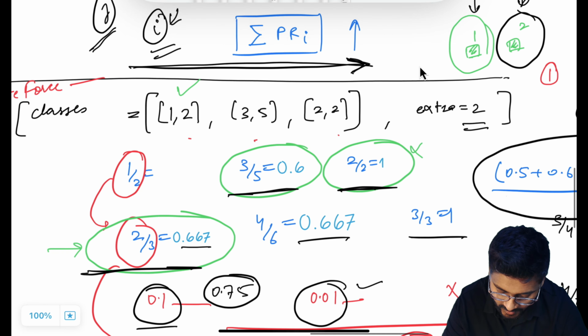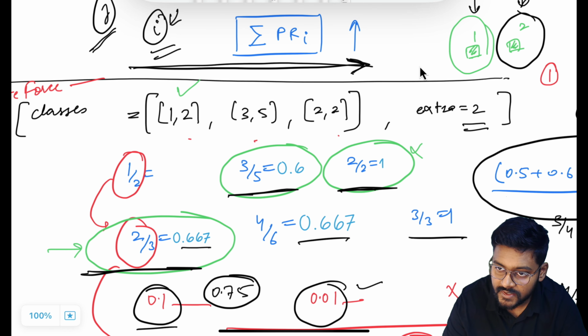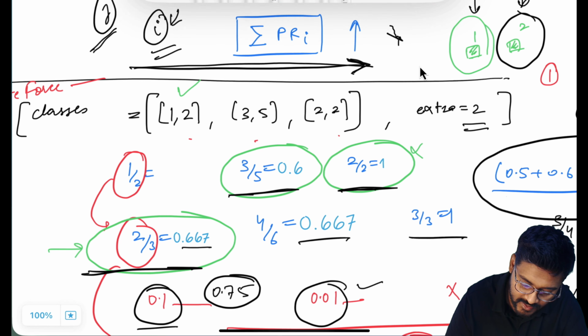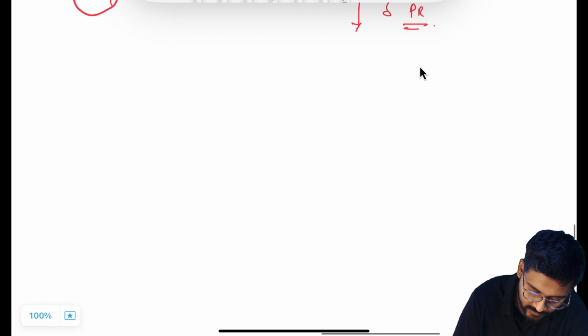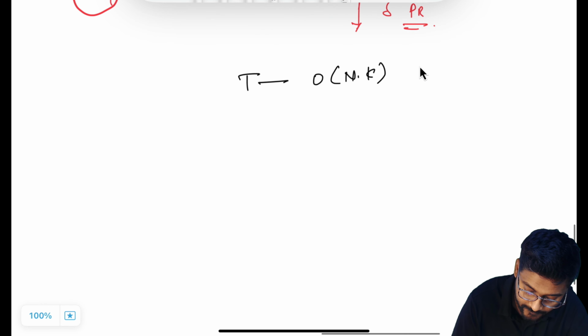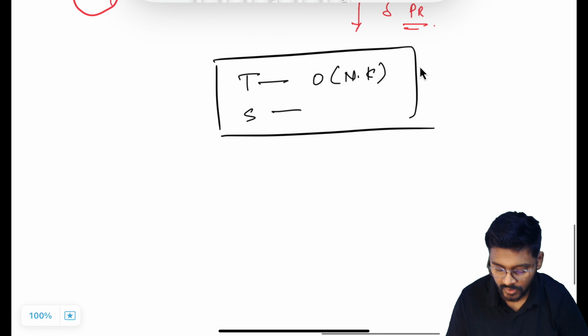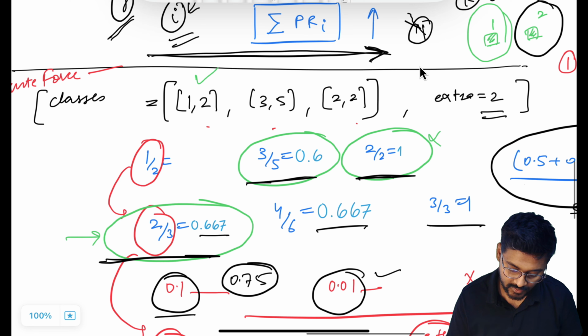So what I have done is, for every extra brilliant student, I am iterating over all the classes. Let's say total number of classes is n, and total number of extra students is k. So the time complexity of our brute force will be O(n times k). And what is the space complexity? Let's say we are capturing this passing ratio in some array.